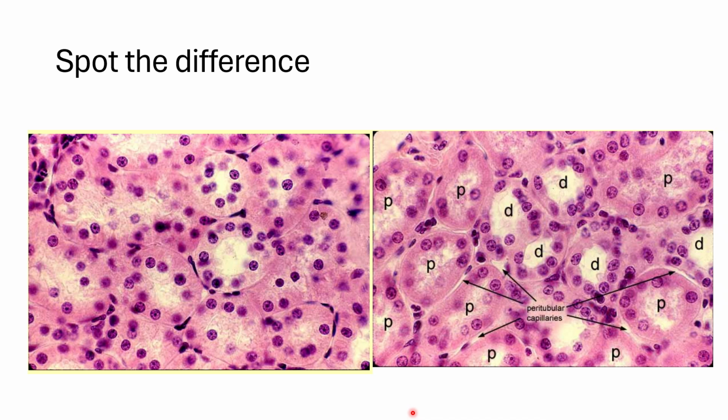So the brush border is seldom plainly visible in routine histopathological preparation, but proximal tubule cells tend to have indistinct apical ends in contrast to the distinct apical ends in the DCT.